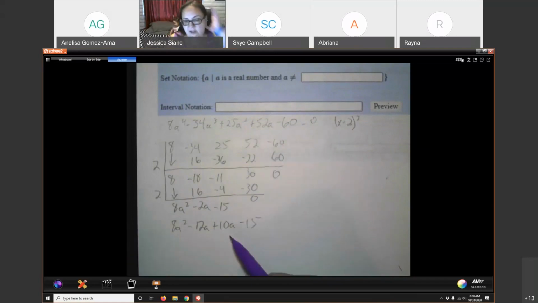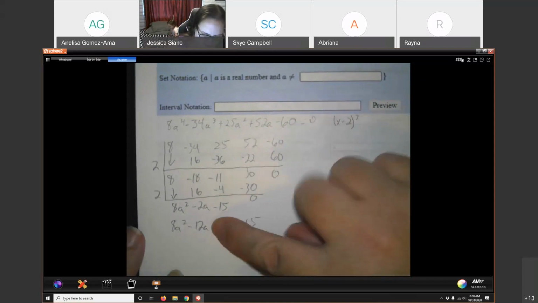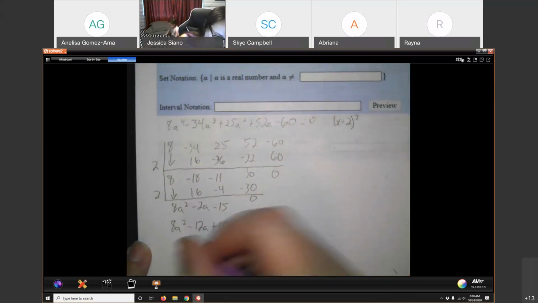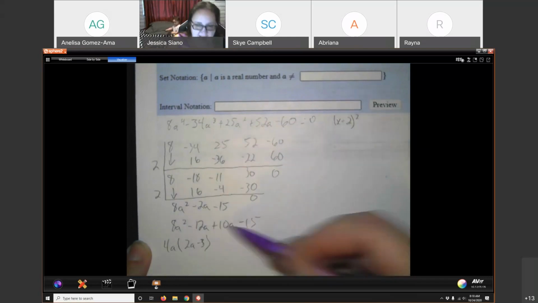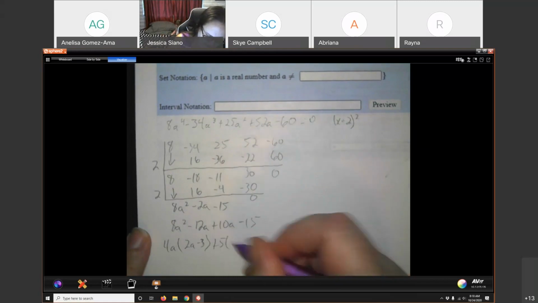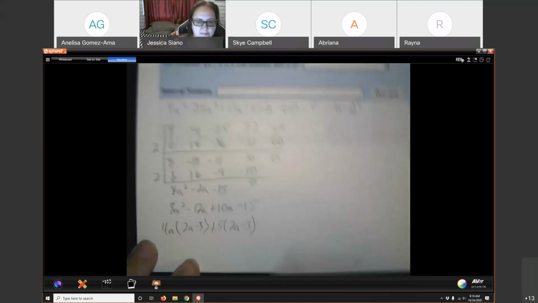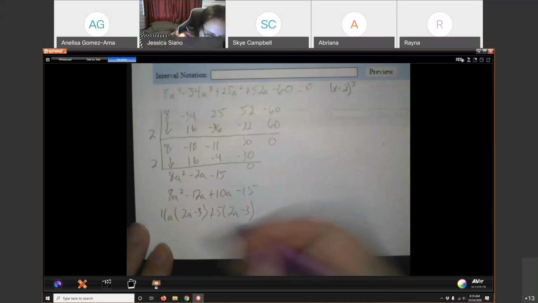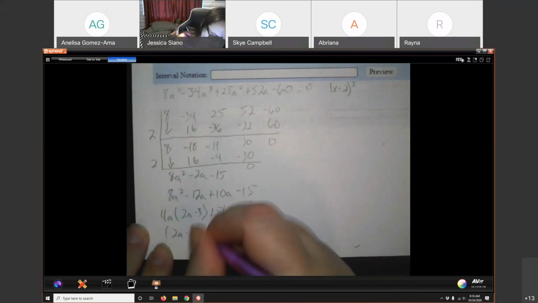A negative 12 and a 10 will multiply to negative 120 and add to negative 2. So 8a squared and 12a have a 4a in common. A 10a and a 15 have a 5 in common. And then these have a 2a minus 3 in common.